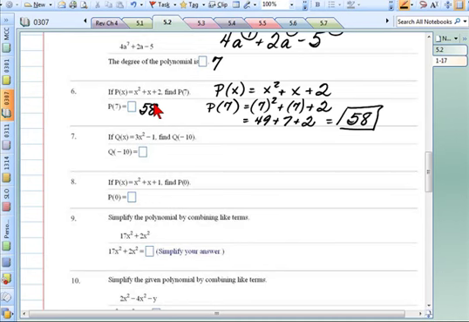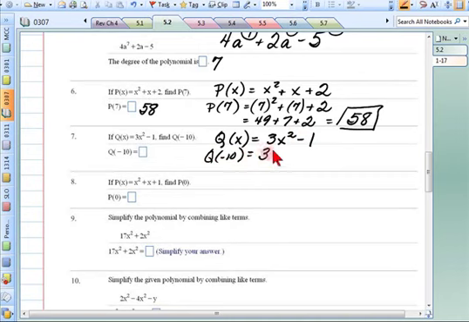Is that okay? Function notation. Problem number 7 has the polynomial function called q of x, because really a function can have any name. Q of x is 3x squared minus 1. And I'm supposed to find q of negative 10.